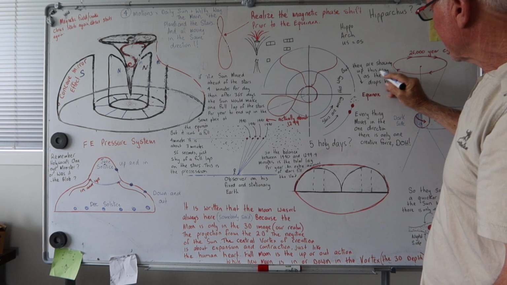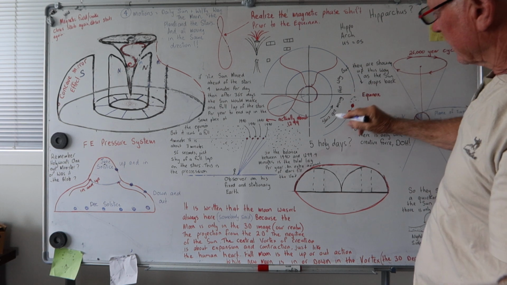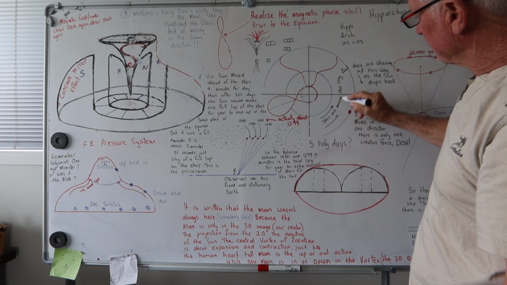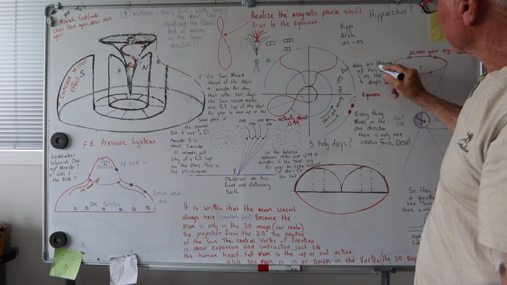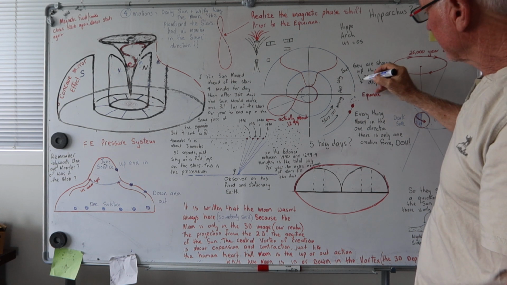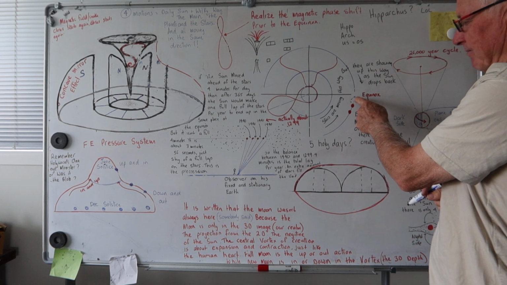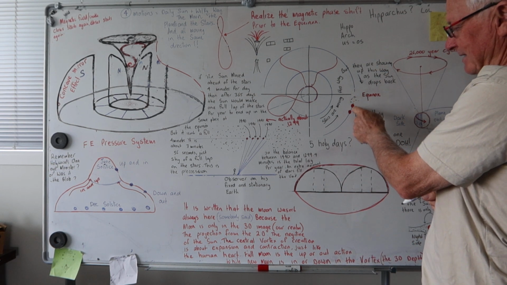So they are showing up the way as the sun drops back. Here we go. Stars are moving this way, but they are showing up this way as the sun drops back. We've got an arrow here showing this one. So they're turning up backwards, filling up that void as the sun drops back every year, right?